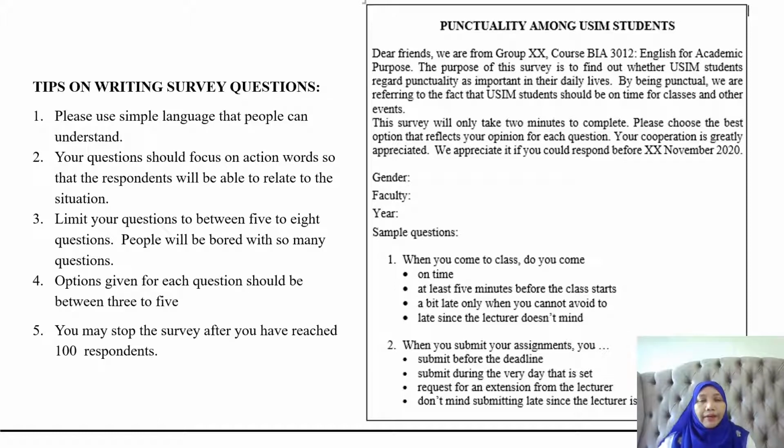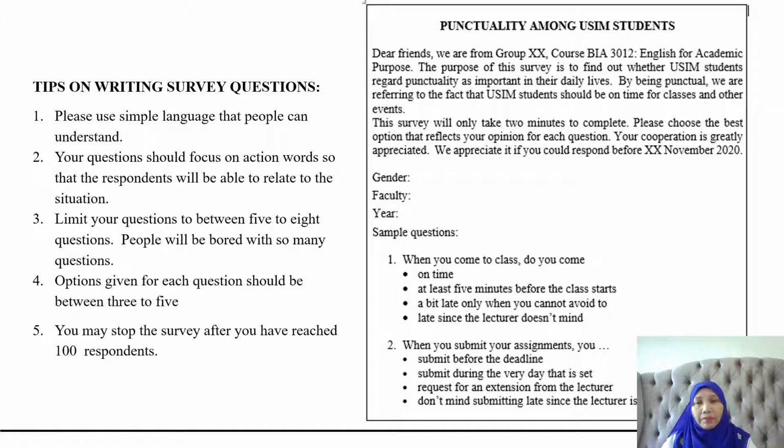Options given for each question should be between 3 to 5, not more than that. People will be very bored when they have to answer too long. All right, so this is how you do your survey question.